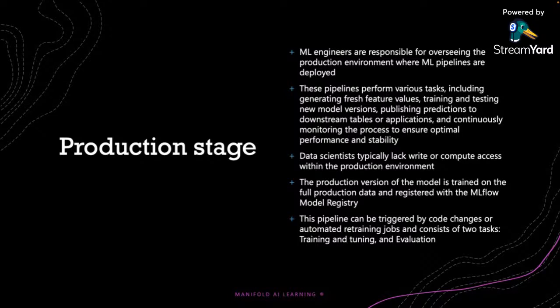These pipelines perform various tasks, which include generating fresh feature values, training and testing new model versions, publishing the predictions to downstream tables or applications, and continuously monitoring the process to ensure optimal performance and stability.